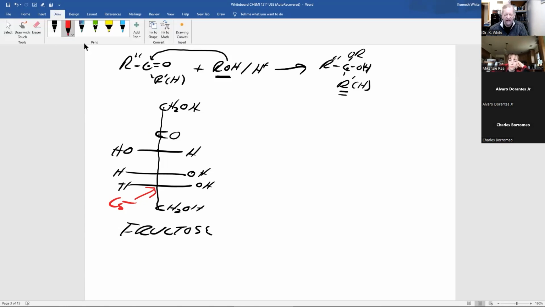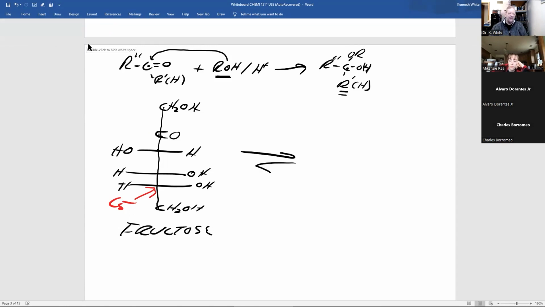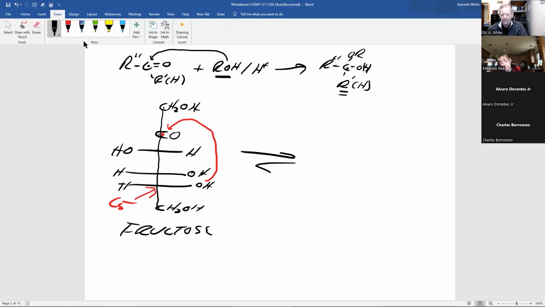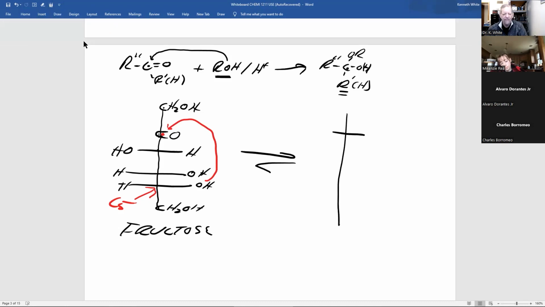Now, once again, this is equilibrium because you're not using a catalyst, and the hydroxyl group on C5 now attacks the carbonyl here. What's unaffected, not involved in the reaction, won't change.